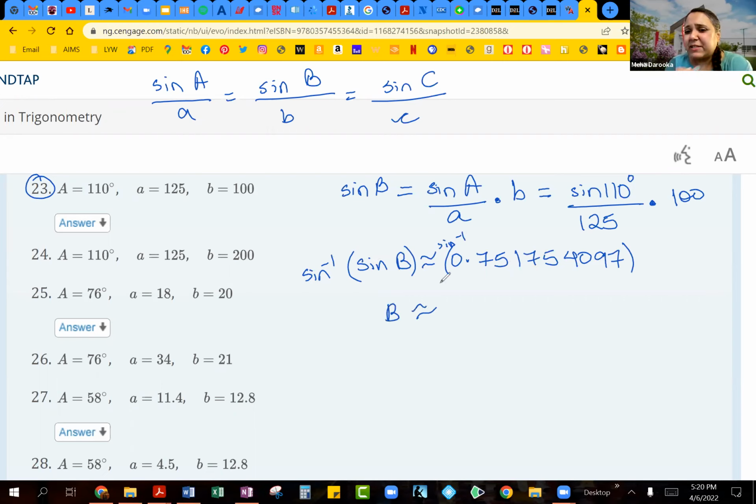And since you're using your calculator for this, it's easier if you don't round your answers. Once you get to angle B, then you can round it to 2 decimal places. But for the sine B, don't round that 0.75175 4097. So what do we end up getting for angle B once we do this arc sine?